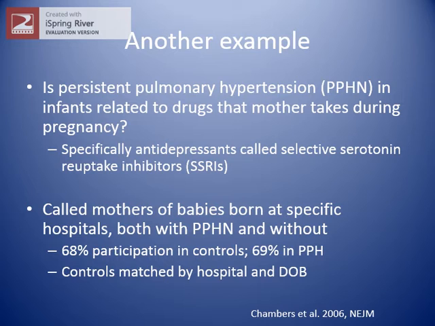So it's good that those numbers are similar. And they matched the controls by the hospital that they were born at and by the date of birth of the baby. So you've got babies who have this condition, babies who don't, and they ask the moms, did you take these drugs at any point in your pregnancy, and if so, at what point in your pregnancy?